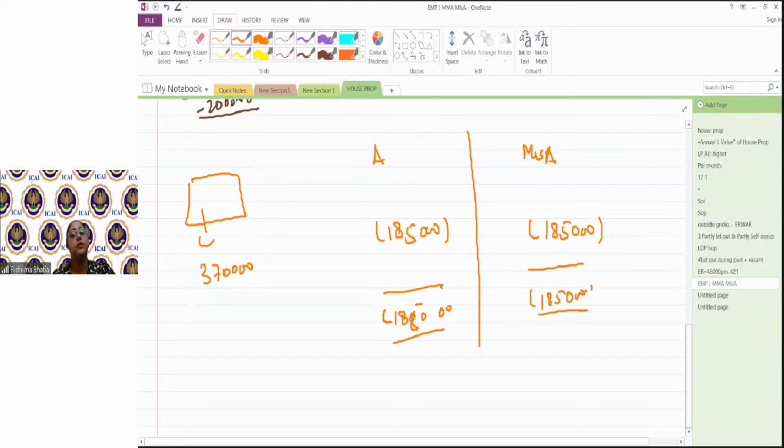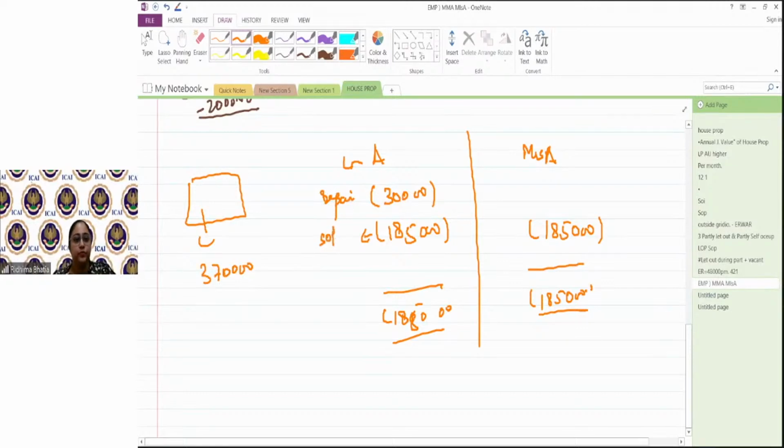But friends, remember, suppose Mr. A has another house which he owns single-handedly, and interest on loan is running on it for repairs, and its interest is 30,000. So here 30 is the interest for repair, and 185 is the share of loss on self-occupied house property, right?